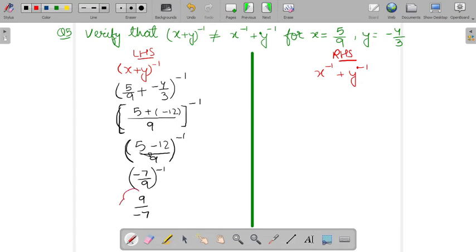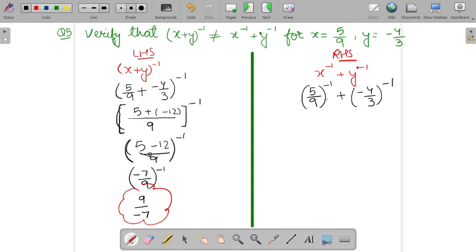So the LHS is 9 upon minus 7. Now let's see RHS. X inverse or x reciprocal. So 5 by 9 reciprocal plus y reciprocal, minus 4 by 3 and its reciprocal.